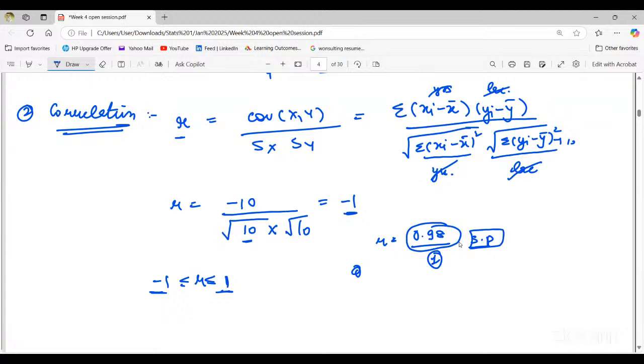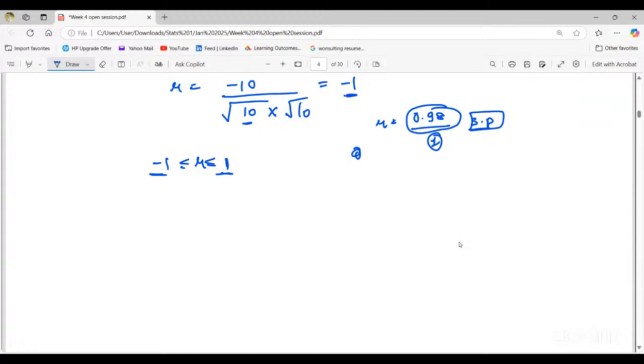Yeah. Okay. Now the last topic is R square. If I have to describe the linear association using an equation of line, let's say I'm having a scatter plot like this.